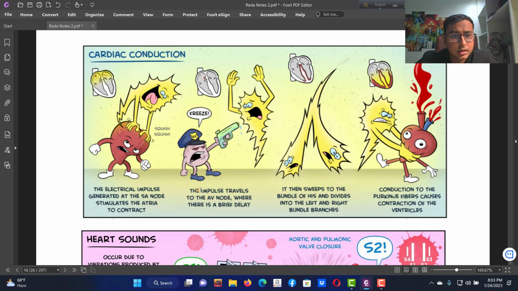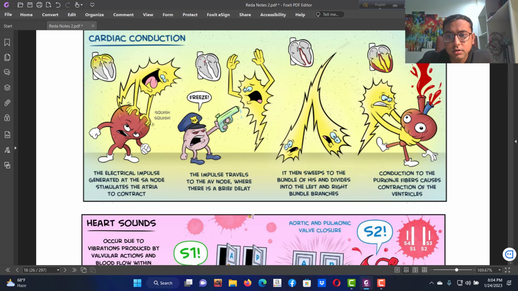Then the impulse travels through the AV node, where there is a brief AV nodal delay. Then the impulse goes from the junctional complex through the right and left bundle branches, then to the Purkinje fibers, which stimulate the ventricles and cause cardiac output.